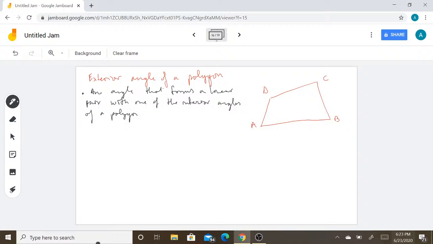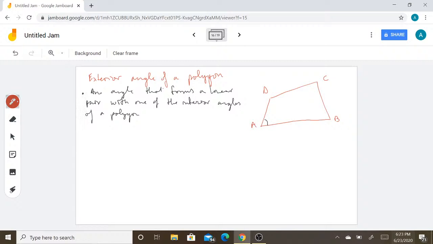So what that means is that, say we want to create an exterior angle at the interior angle A. So the interior angle A is this angle over here.